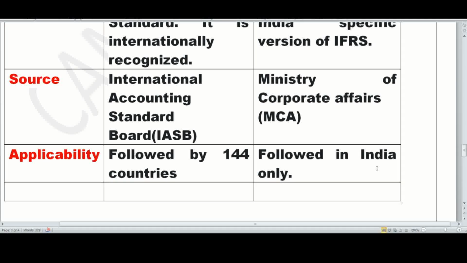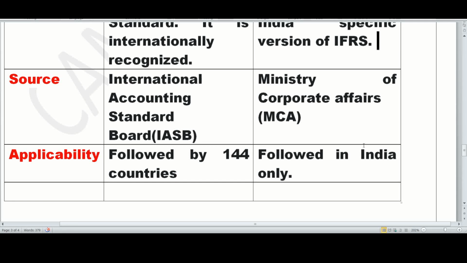Then, the IFRS has been prepared, developed and maintained by IASB, International Accounting Standard Board. But at present, the accounting standard Ind AS is issued by MCA, Ministry of Corporate Affairs.